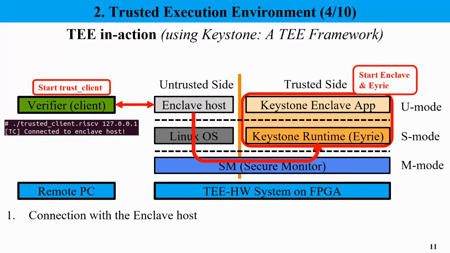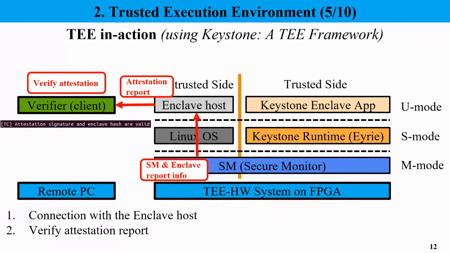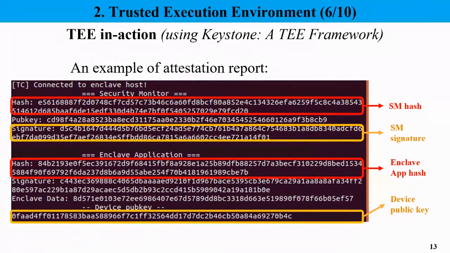Then in the second step, the actual Keystone that is already on the trusted side will generate an attestation report, including the hashes. You can see here the secure monitor, the enclave application, and the public key.